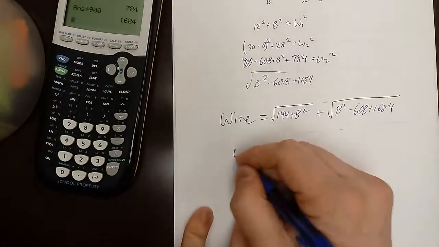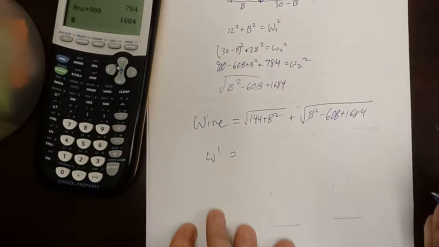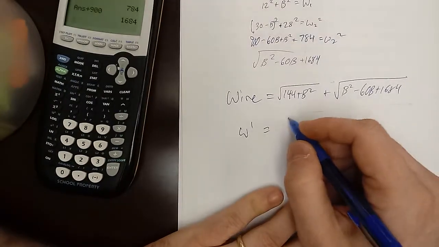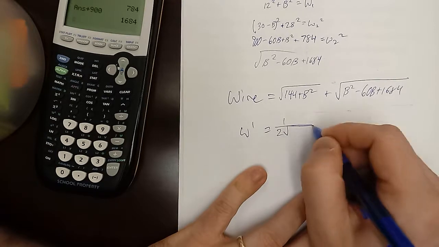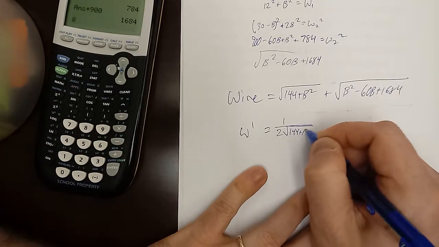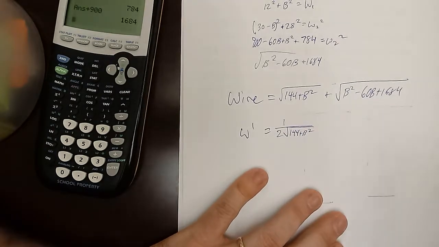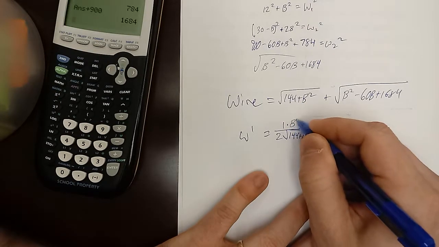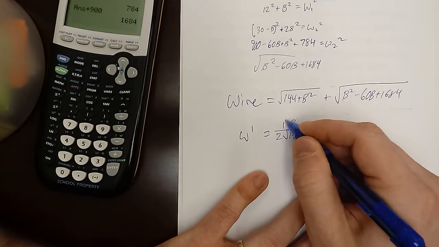And so to do that, W prime is equal to 1 over 2 times the square root of 144 plus B squared. Remember, it's a square root, just like we had before. And then take the derivative of the inside. That's going to be B squared, so times B squared. Oh, whoa, not B squared, sorry. Times 2B.